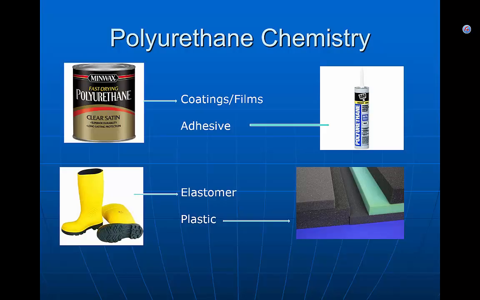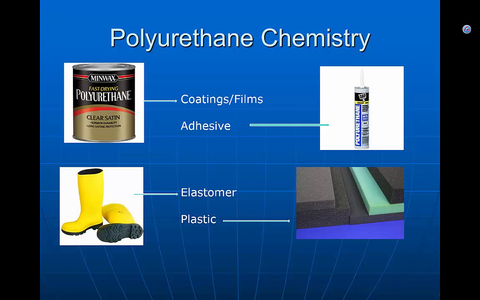It's used to make body panels and other parts of automobiles. So you have a large range of uses for the same chemistry. And if you were talking to somebody that's in the polyurethane business, if they're in the coatings business, they're not necessarily going to be able to help you with your foam problems or what have you. So understand where you fall.